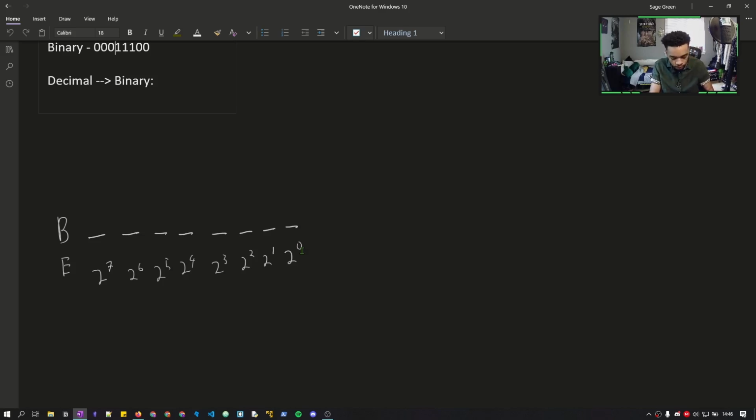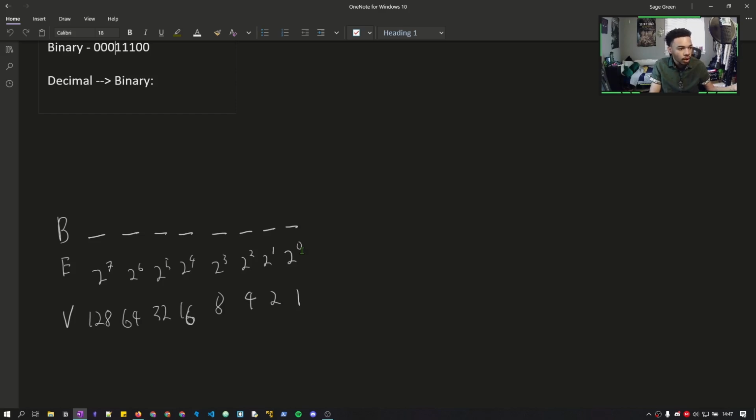Now we need to find their values, so we use a V for our values. 2 to the 0th is just 1. 2 to the 1st is 2. 2 to the 2nd is 4. 2 to the 3rd is 8. Then it's 16, 32, 64, and 128. I'll make that look more clear. It's a 16.